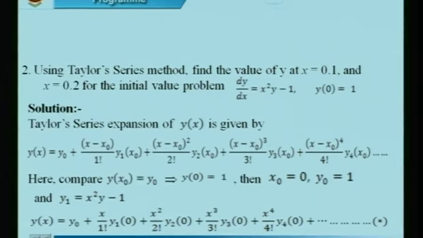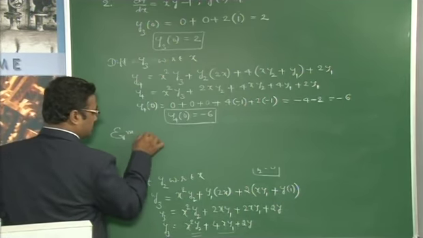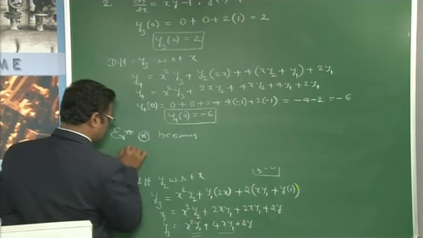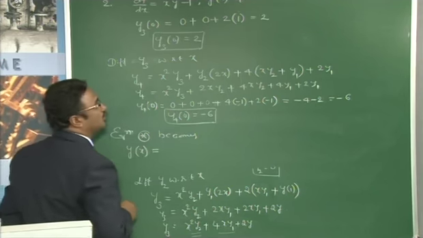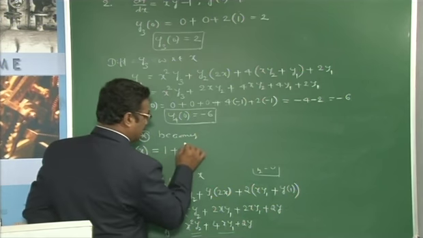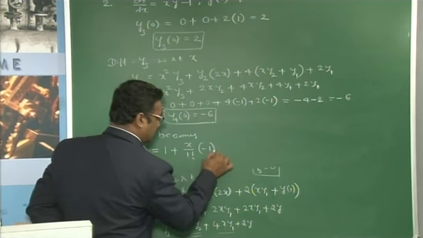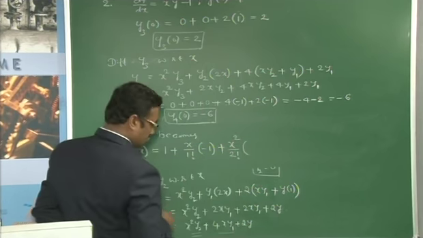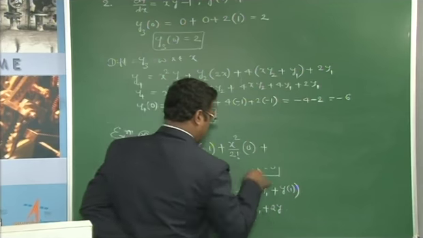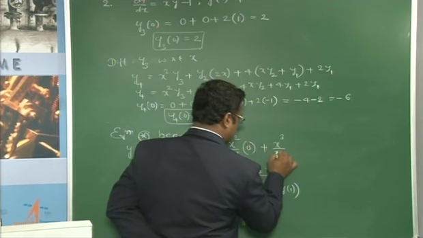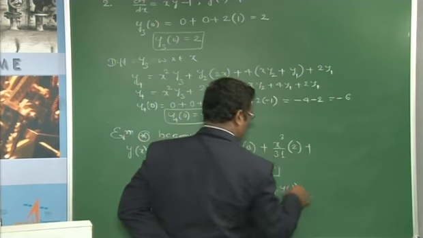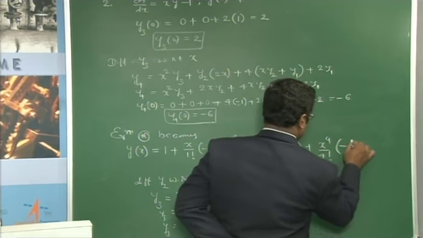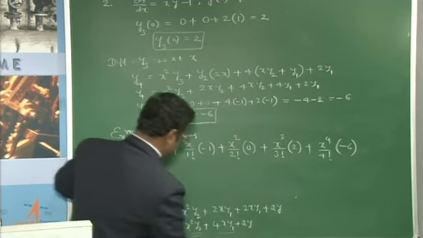Then equation star becomes y of x equal to y naught value as usual 1 plus x by 1 factorial into minus 1 plus x square by 2 factorial into the y2 value 0 plus x power 3 by 3 factorial into 2 plus x power 4 by 4 factorial into minus 6.